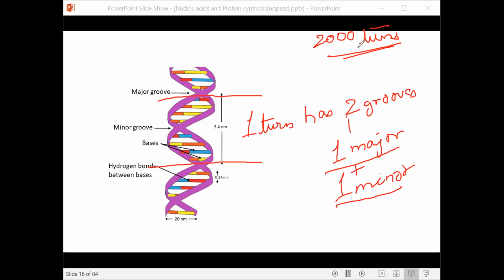Now, 2000 turns, one turn has 10 base pairs, correct? One base pair is equivalent to 2 nucleotides. One nucleotide has one sugar molecule.